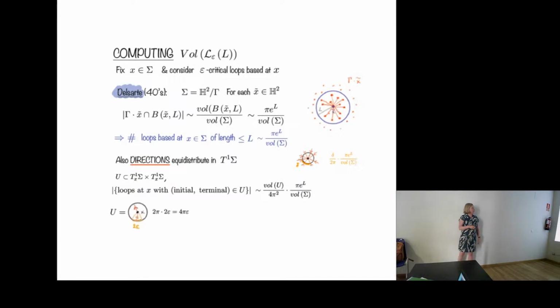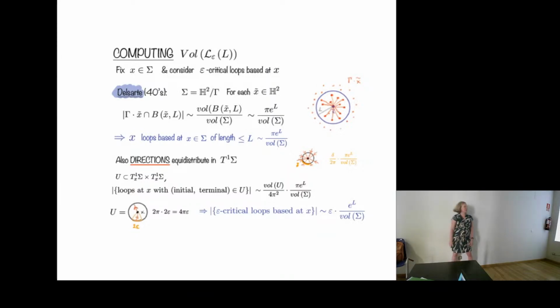And what we're looking for when we look at epsilon critical: you start your loop however you want, 2 pi, but once you've chosen how you want to exit, then you have to come back in within a 2 epsilon window so that it meets like we want. So what we get is that the number of epsilon critical loops based at x is asymptotic to 4 pi epsilon over 4 pi squared times this, so cancelling, epsilon times e^L over the volume.